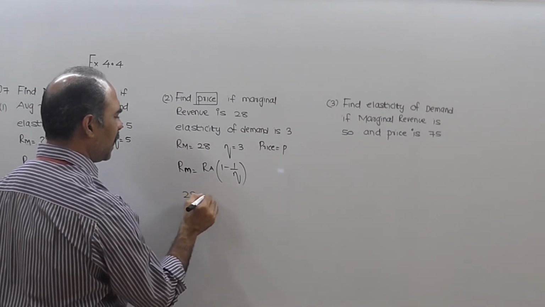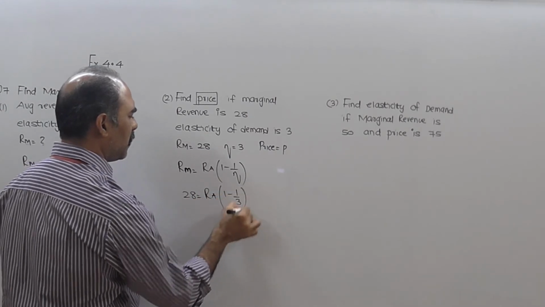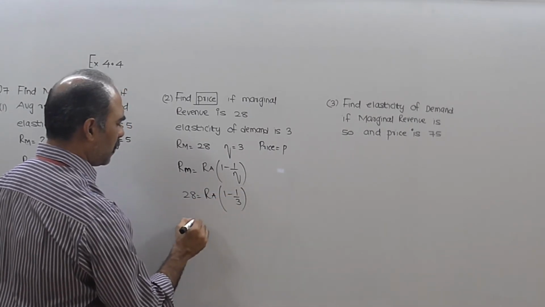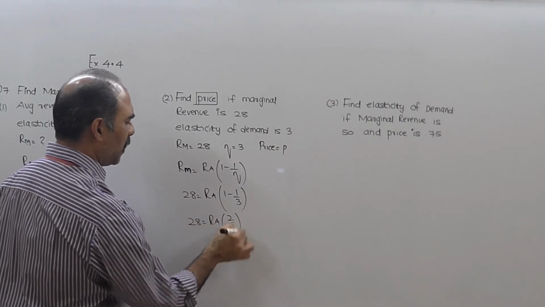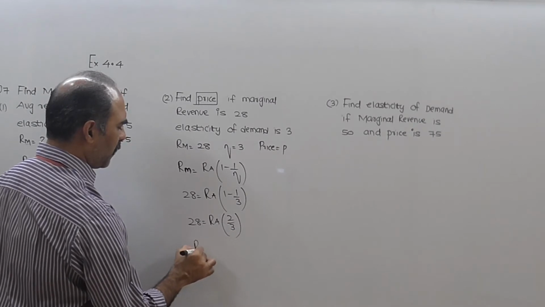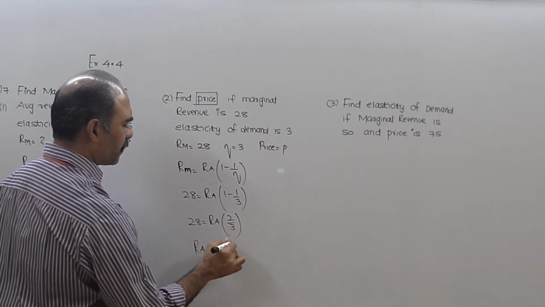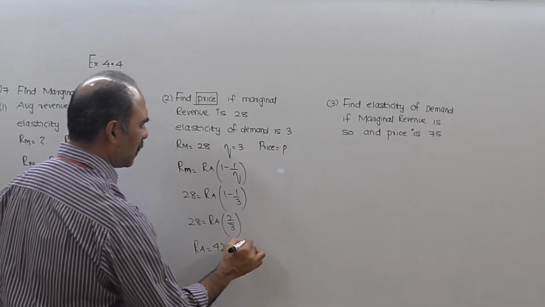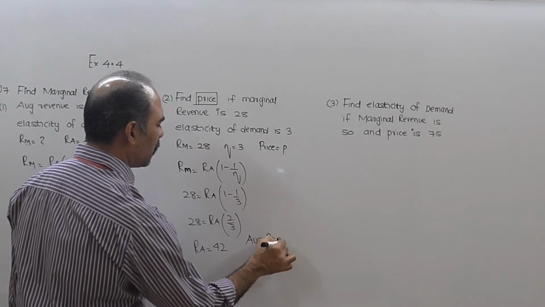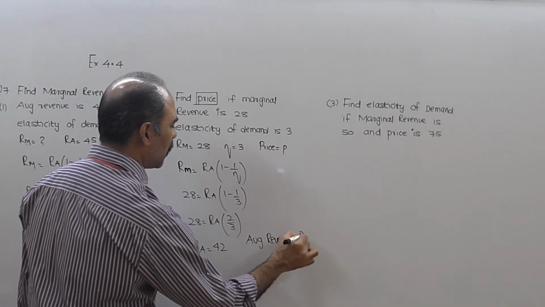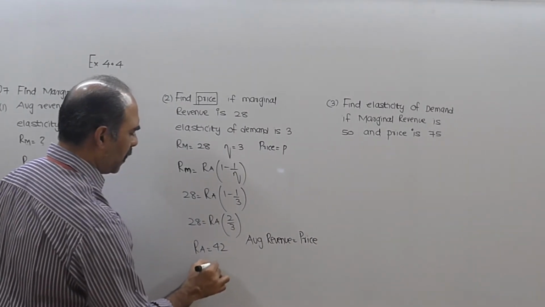So this is 28, average revenue times 1 minus 1 upon 3. 28 equal to average revenue multiplied by 2 by 3. Therefore your average revenue will be 42. And remember one thing, that average revenue is also equal to the price. Therefore P will be equal to 42.